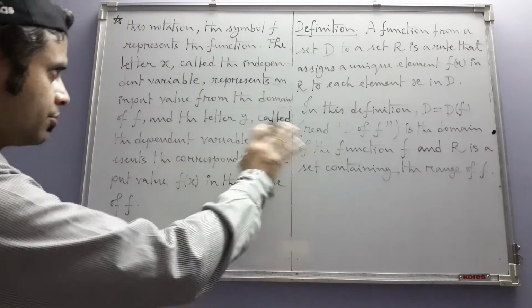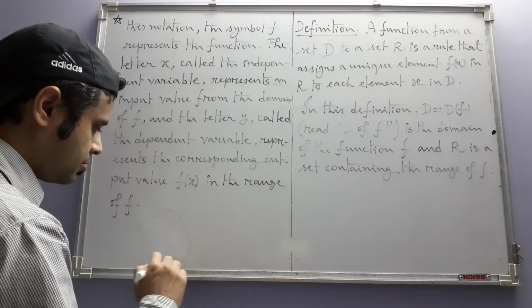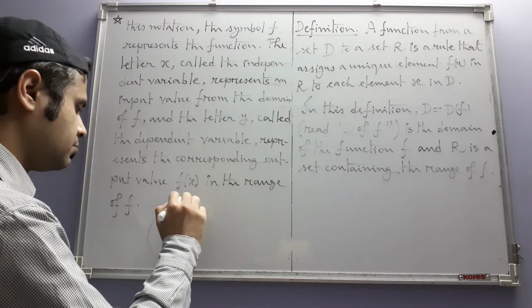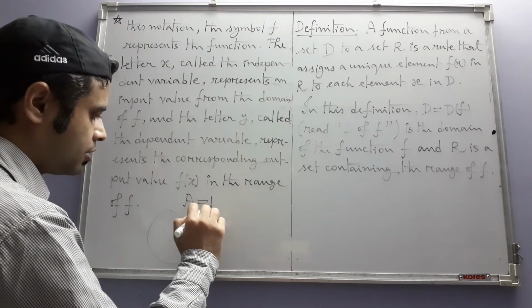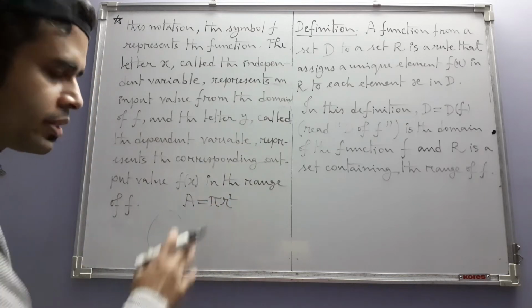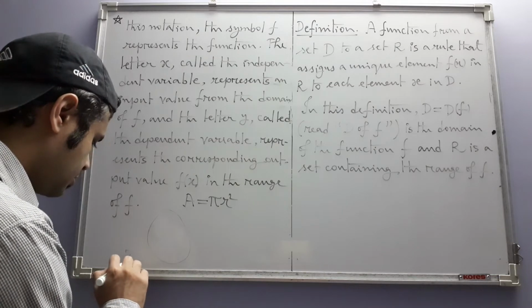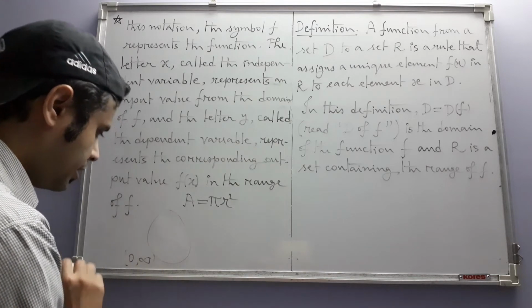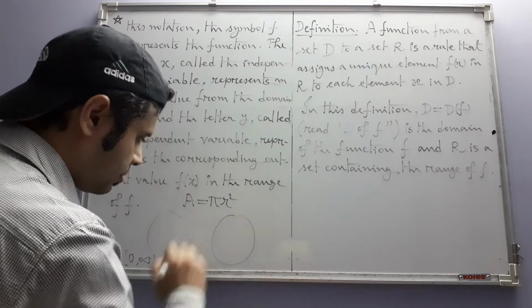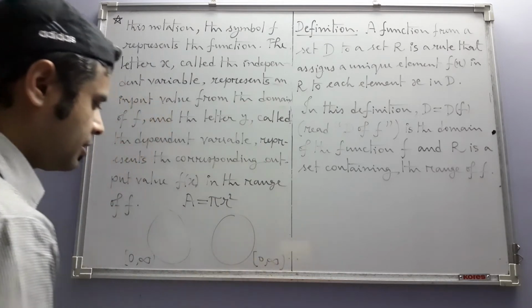Before this definition, what we discussed is this. Say we have the function A equal to pi r square. For this function, we determined that the domain is the set of all non-negative real numbers, and the range is also the set of all non-negative real numbers.